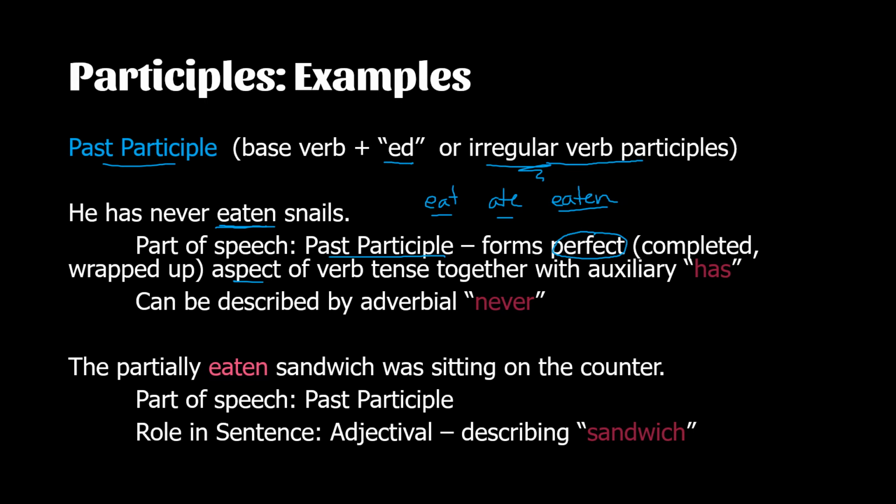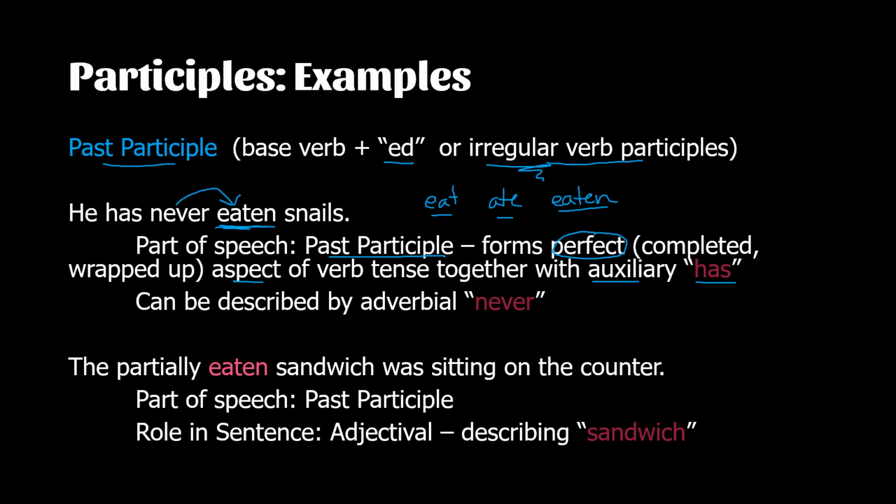It is used together with the auxiliary verb has or have. In this sentence, it is being described by the adverb never. So that is another way to clue in to see if it is a verb function or if it has an adjectival function.